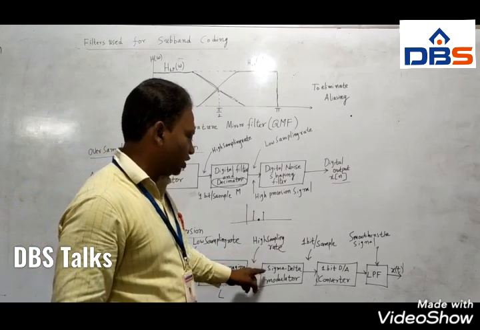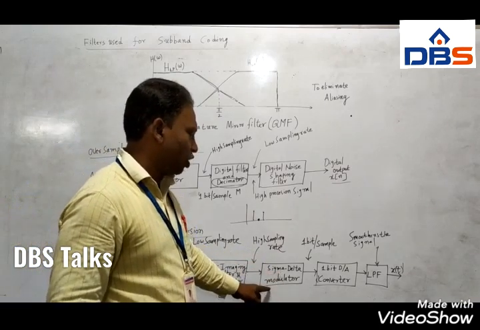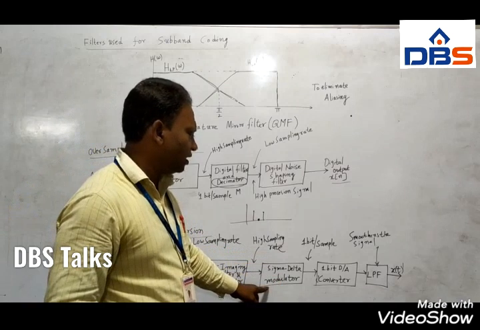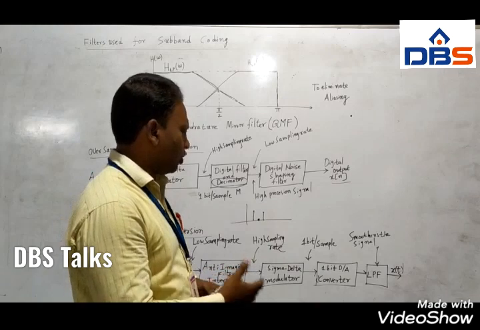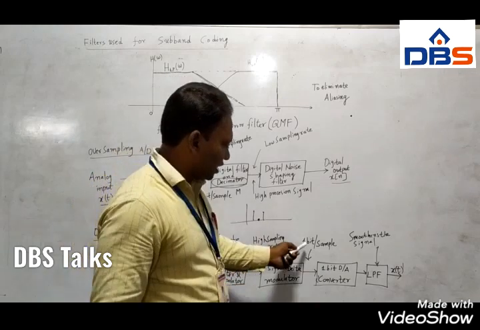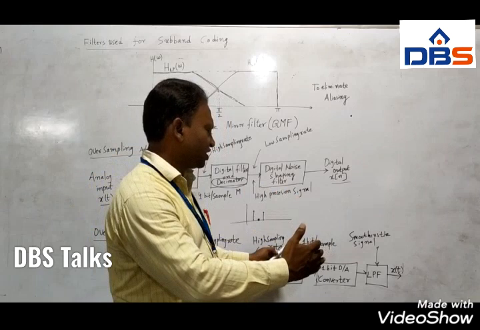After increasing the sampling rate, we have a sigma delta modulator, and this sigma delta modulator further processes the signal, and it is exactly the opposite processor.